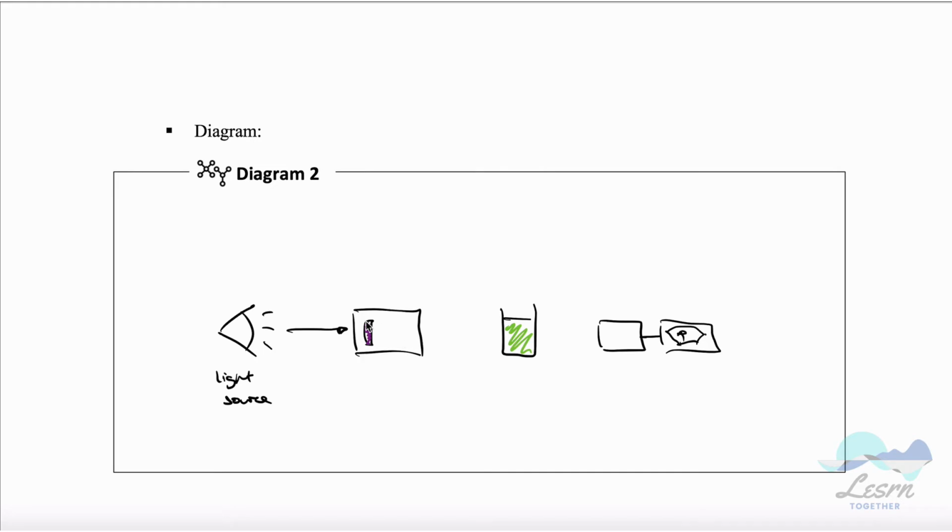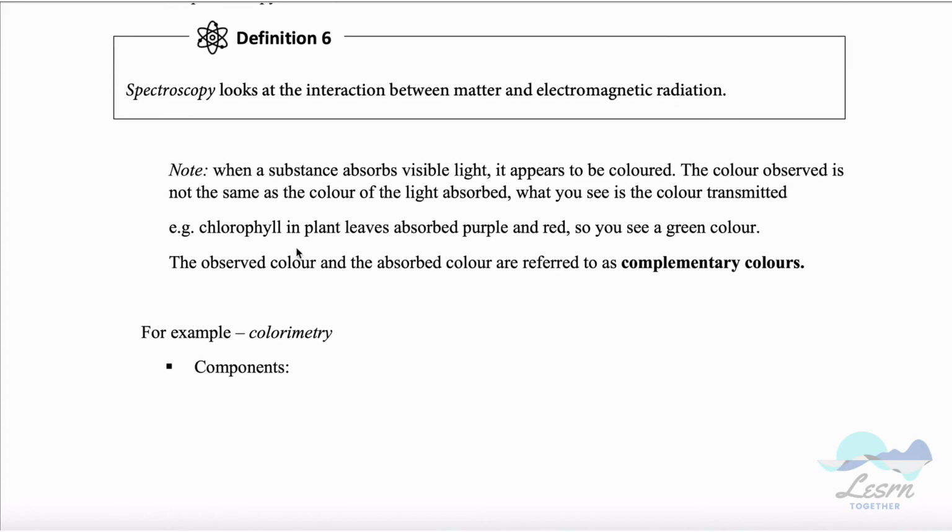And what we want is we only want the purple wavelength to pass through it, right? I'll go through why that's the case in a sec. But this thing here is called a color filter. And the key thing with the color filter is we want it to be the complementary color of our sample solution. So going back to what we said before up here, right?